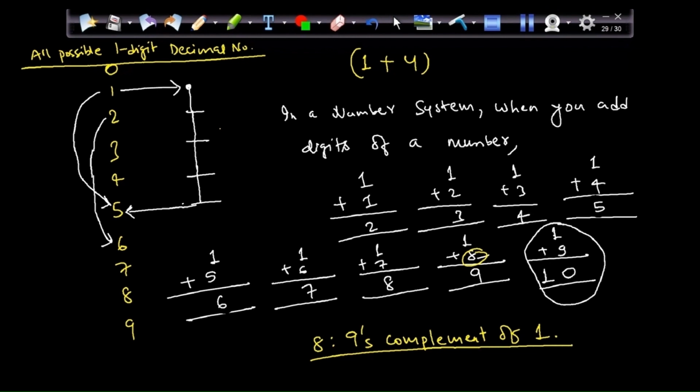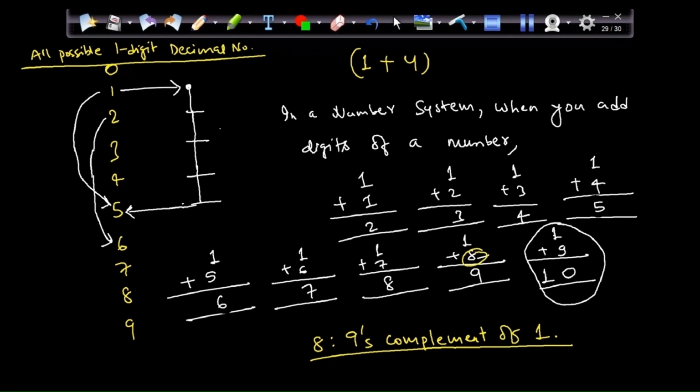Now to 1, if you add any number which is less than or equal to 8, it is going to be within the digits of a decimal number only, right?